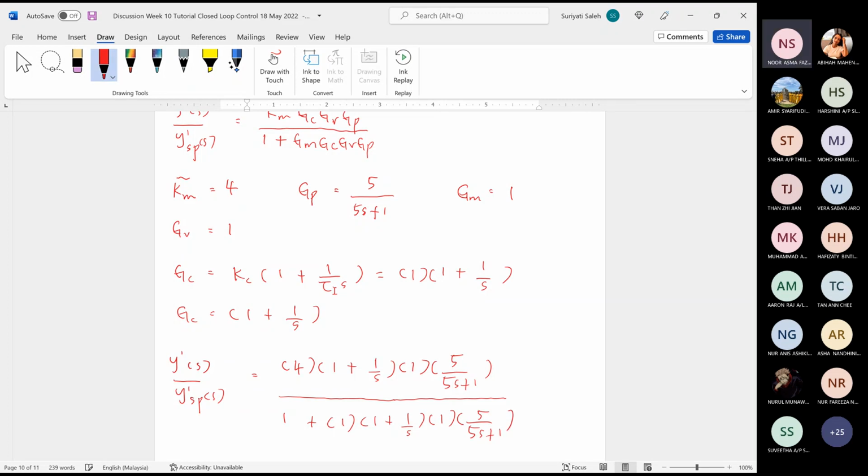So this is the value substitution into each transfer function involved for set point changes.